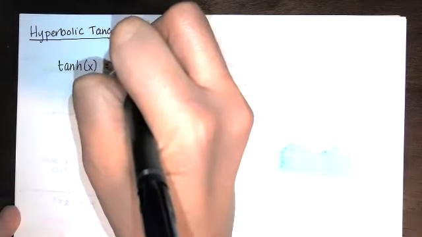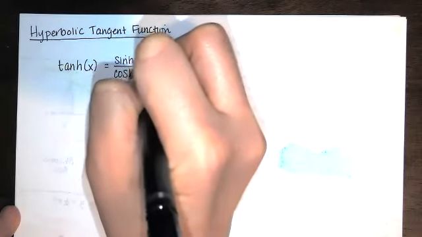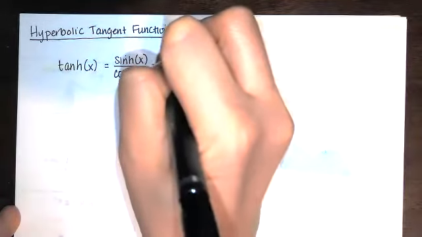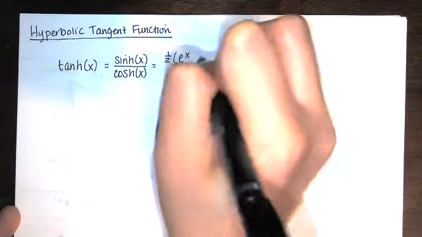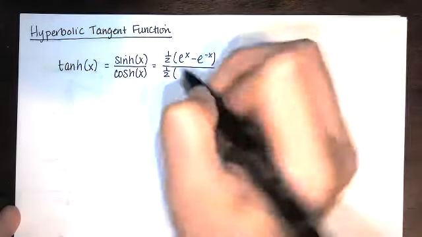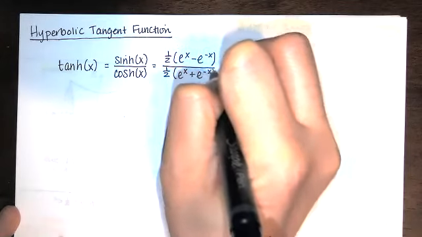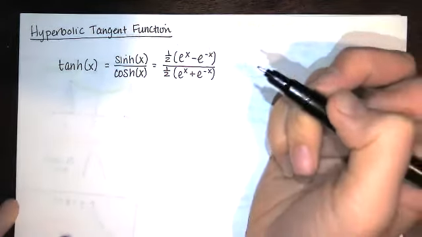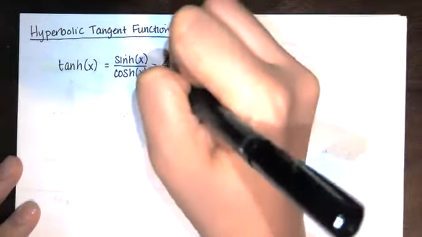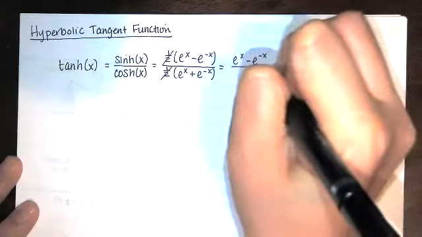Well, hyperbolic tangent of x is hyperbolic sine of x over hyperbolic cosine of x. And that is 1/2 of e to the x minus e to the negative x over 1/2 of e to the x plus e to the negative x. Those 1/2s reduce and we get this.